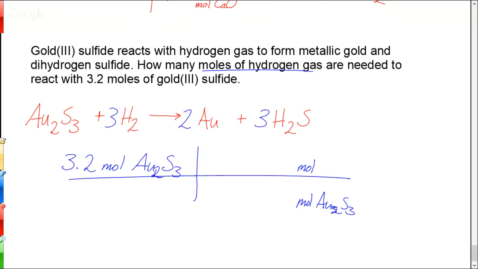That's what's being asked for. How many moles of hydrogen gas? So there's our H2. And then we need to put our numbers in from the equation. So a 3 and a 1. And that means that our final number is going to be 9.6 moles of hydrogen. Right?